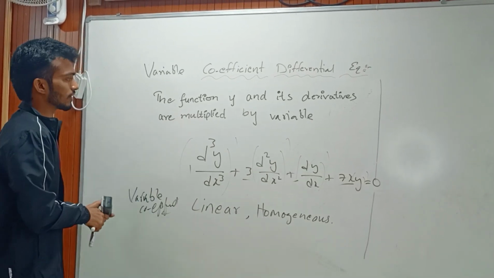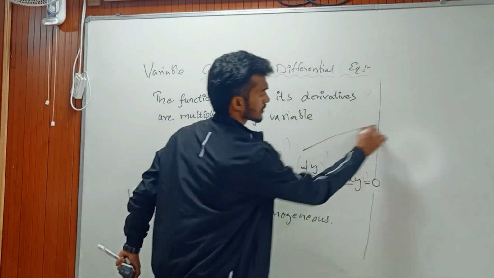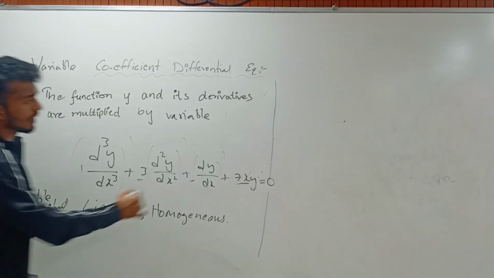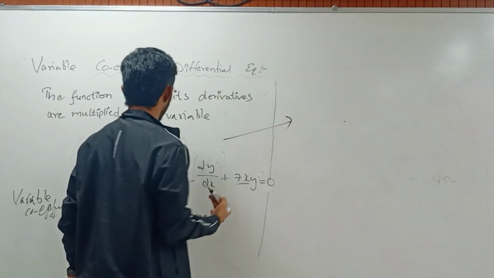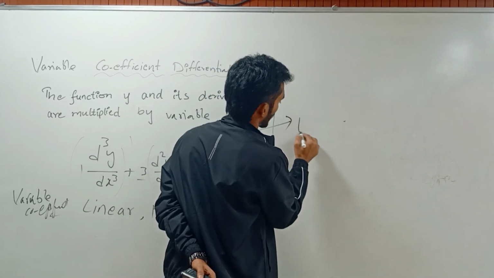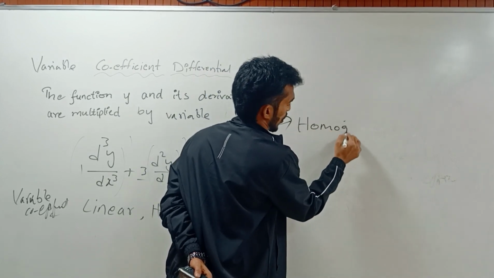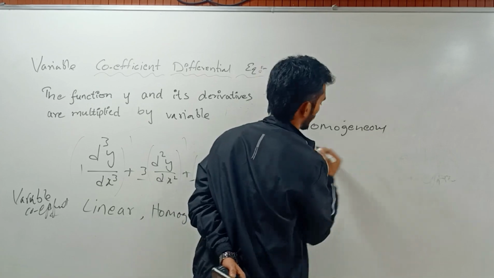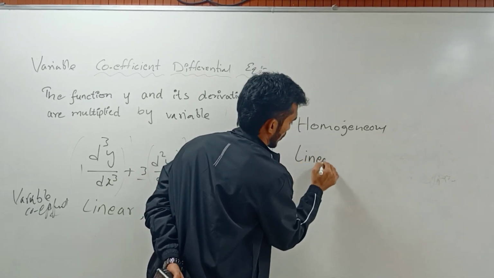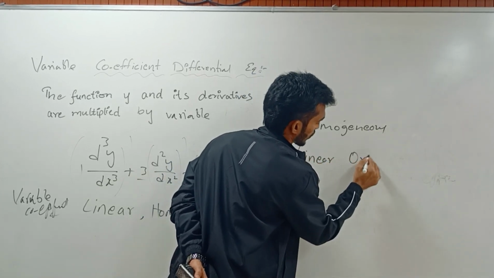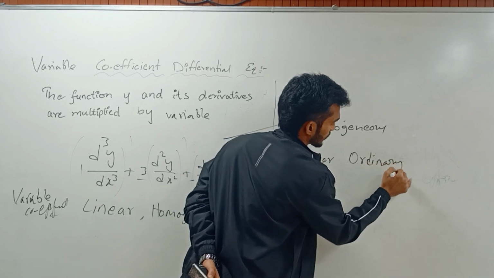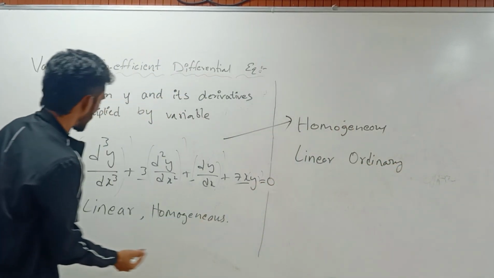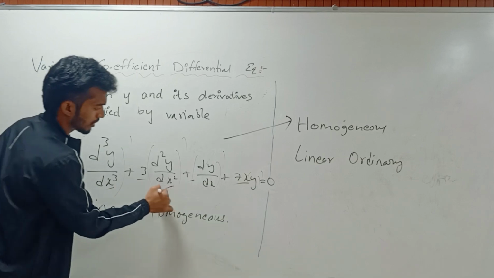Let us write here, see guys, this is an equation and this equation is said to be homogeneous, linear, ordinary because there exists only one independent variable.